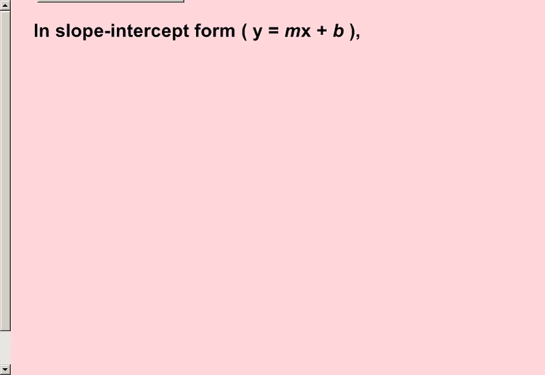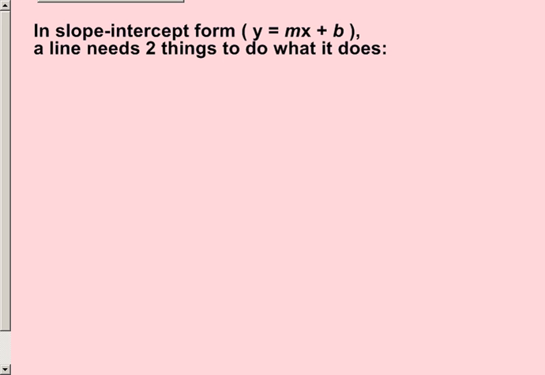Now, slope-intercept form, which is going to be the topic of discussion for the next couple of days, is the equation y equals mx plus b. Hopefully you are very familiar with this format. In this format, a line needs two things in order to do what it does.